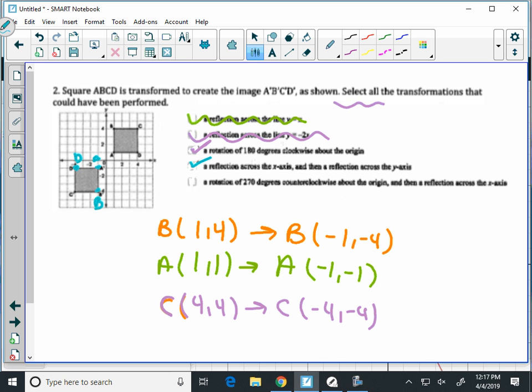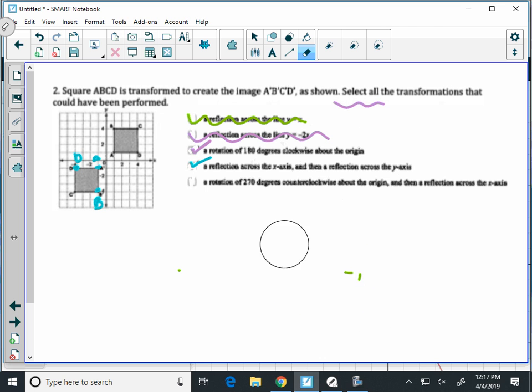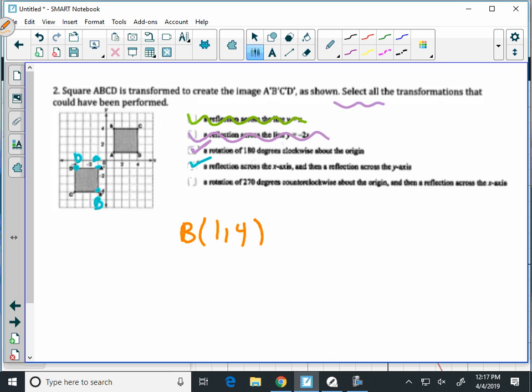And then the last one, is the last one going to work? Let's see. I don't think it will, but let's check. It might, but let's check. If we take a look at, let's use point B again. B is located at 1, 4. When we do a 270-degree rotation, what do we do with the point?